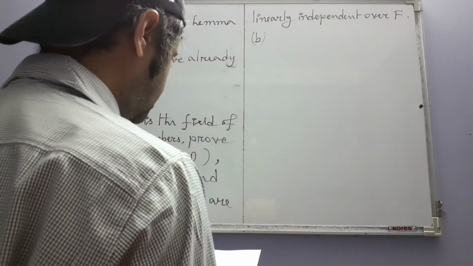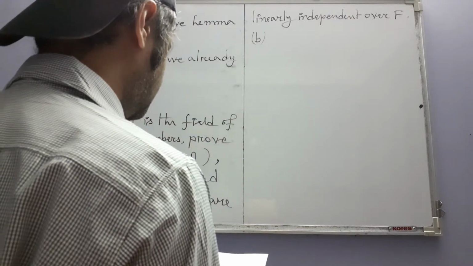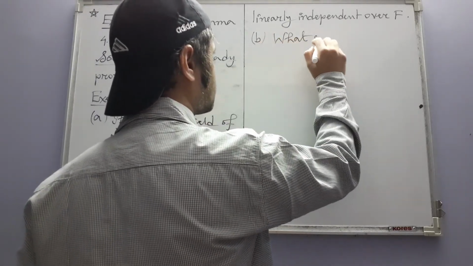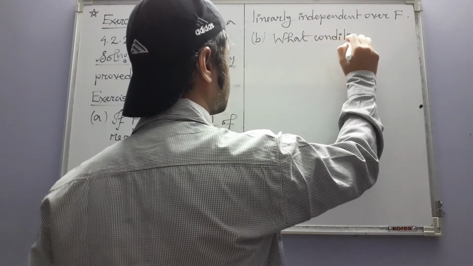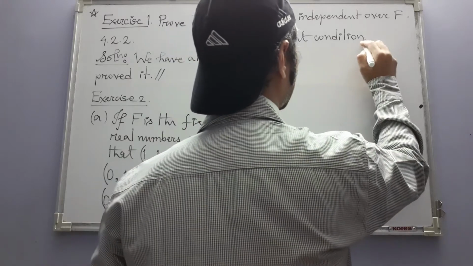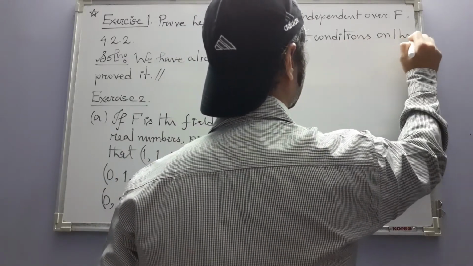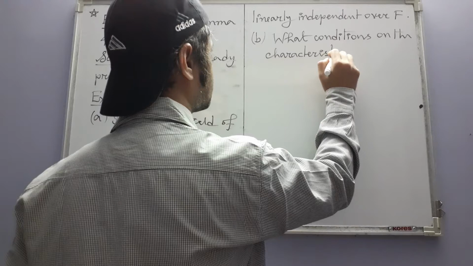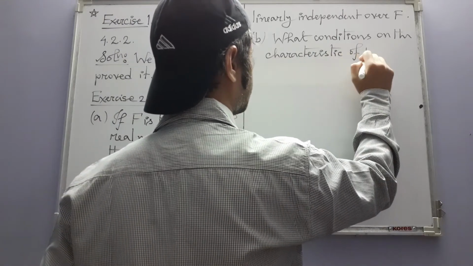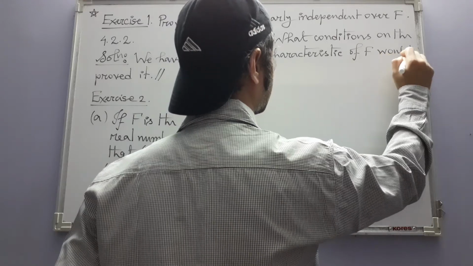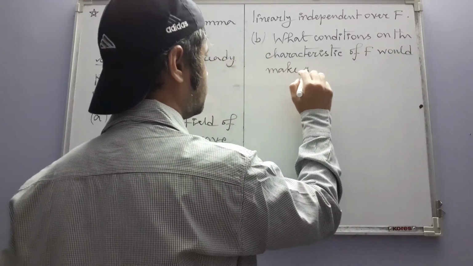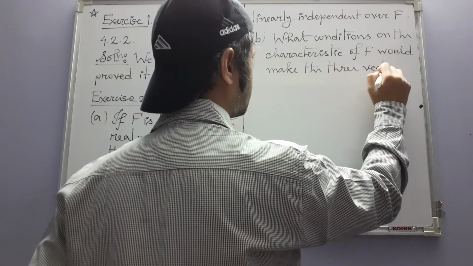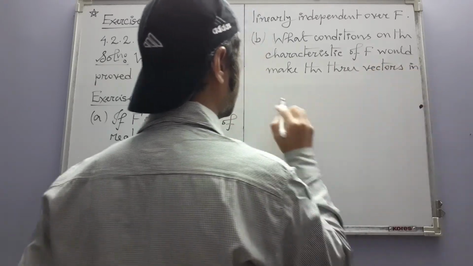What conditions on the characteristic of F would make the three vectors in A linearly dependent?